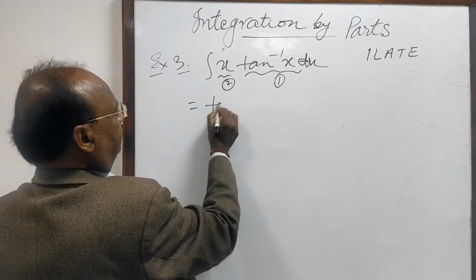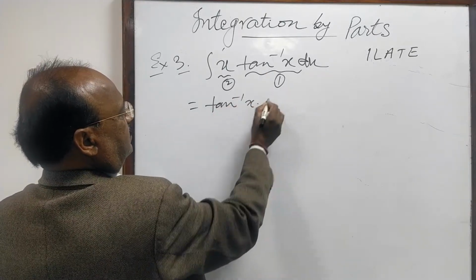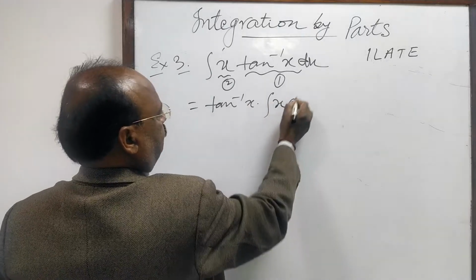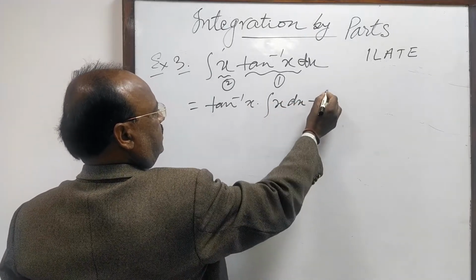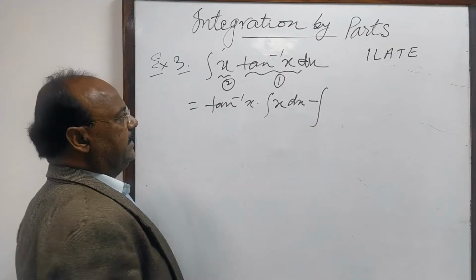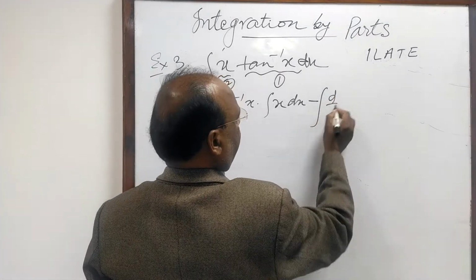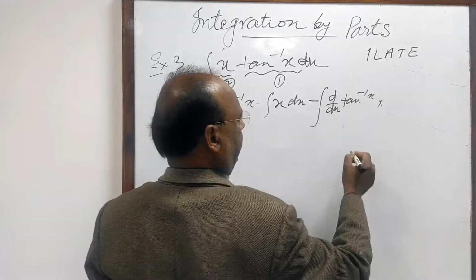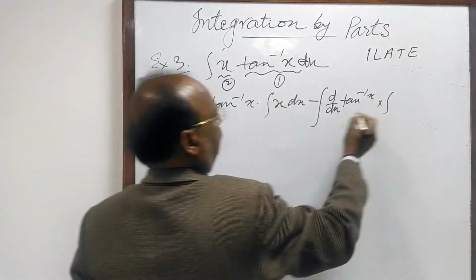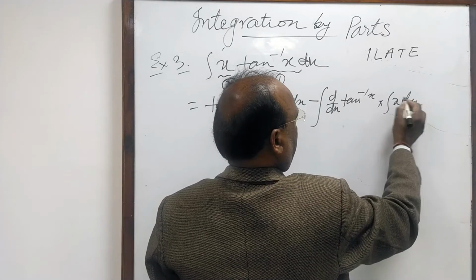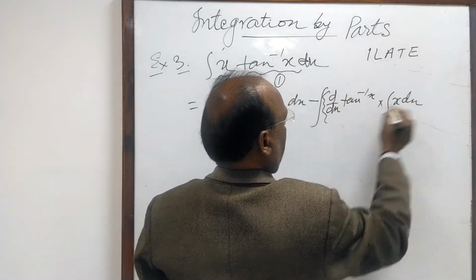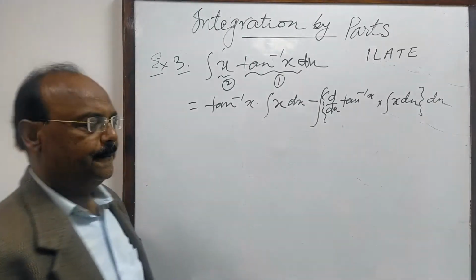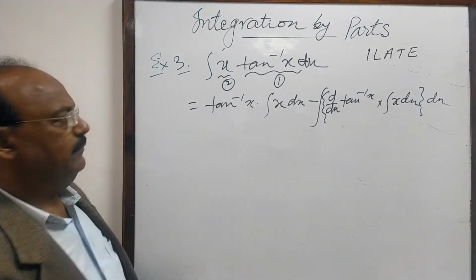First function means tan inverse x into integral of second function x dx, minus integral of d/dx of first function, d/dx of tan inverse x, into integral of x dx. Here we write the whole thing dx for this integral sign. Correct? Now let us simplify it.